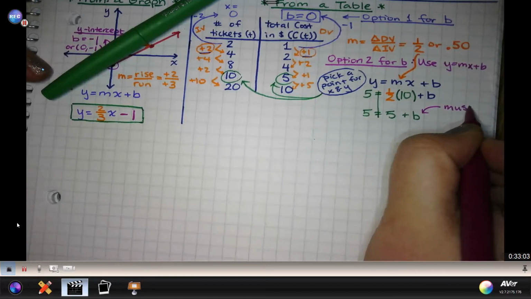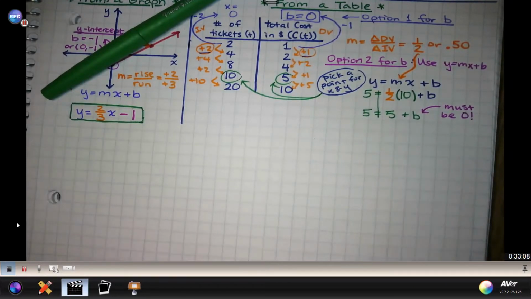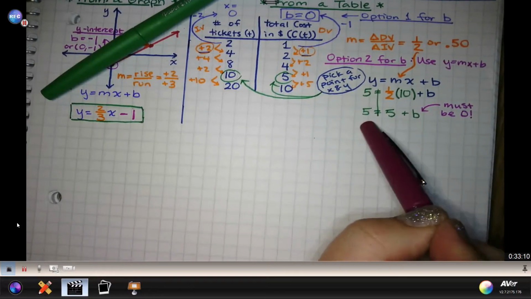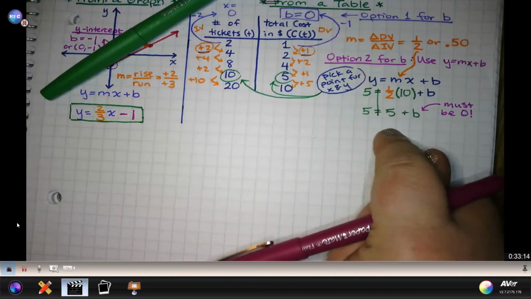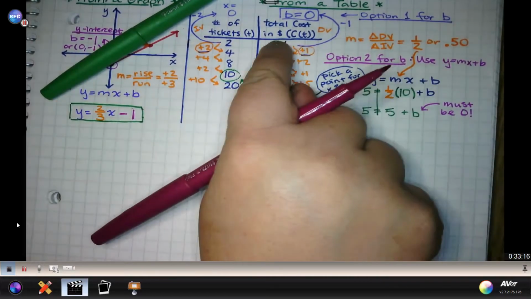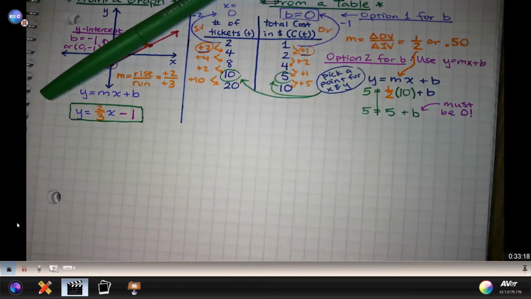Must be 0. Okay, because 5 plus anything else won't be 5. It has to be 5 plus 0. So look, even when we did it this way, we got b as 0, and when we do it this way, we get b as 0. That is good, because then we know that that must be the right answer.